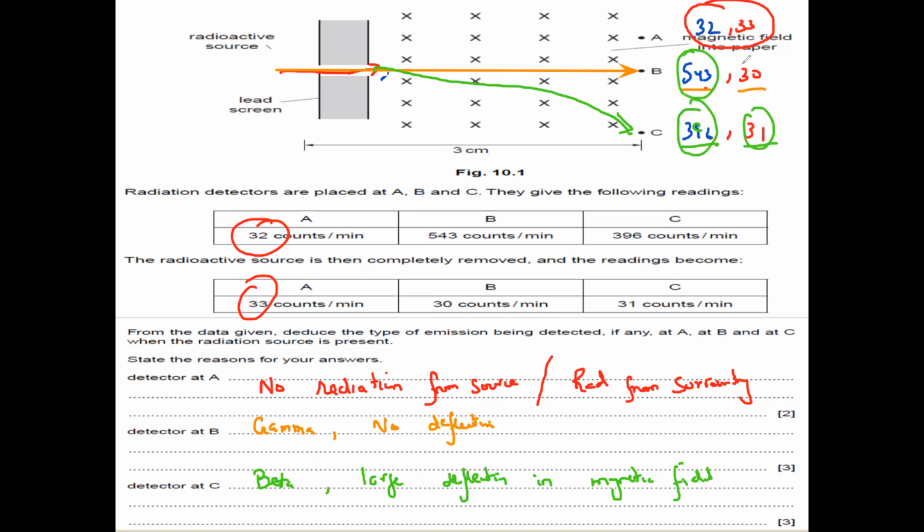Here with source 543, without source 30. Because the counts are changing with and without the source, we say these radiations are coming from the source. But for A, why are we not saying that radiations are coming from the source? Because with or without the source, the counts remain unchanged. Is it clear? Okay.